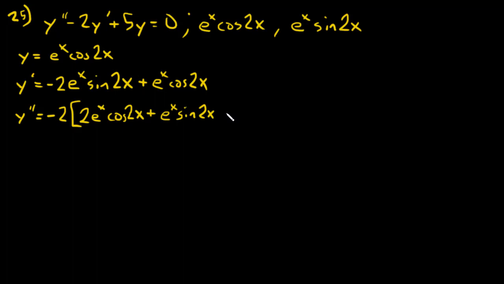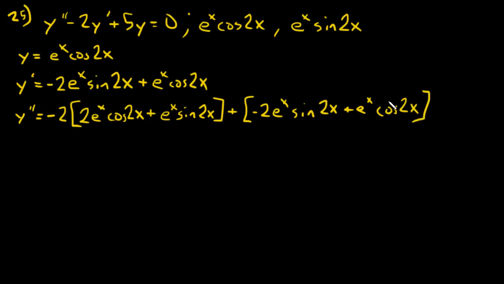So that's going to be plus negative 2 e to the x sine 2x plus e to the x cosine 2x. Okay. So now that I've got all of that, I can start combining things.